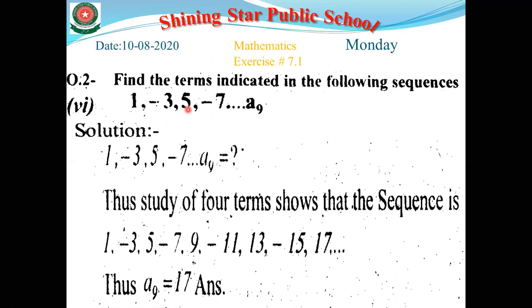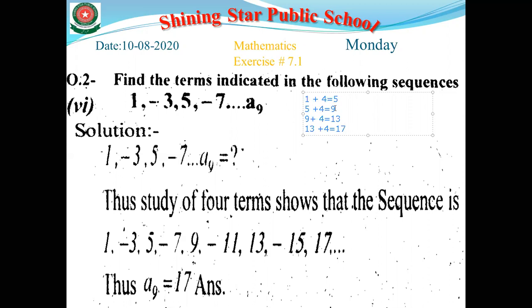Or you can say that 1 plus 4 is equal to 5. Now 5 plus 4 is equal to 9, and 9 plus 4 is equal to 13, and 13 plus 4 is equal to 17.